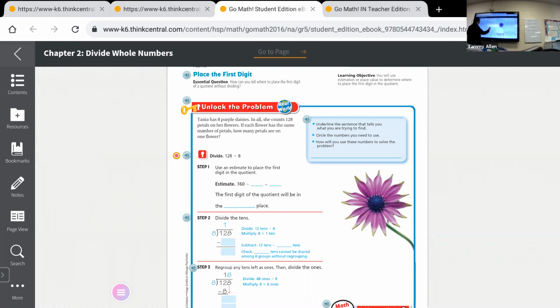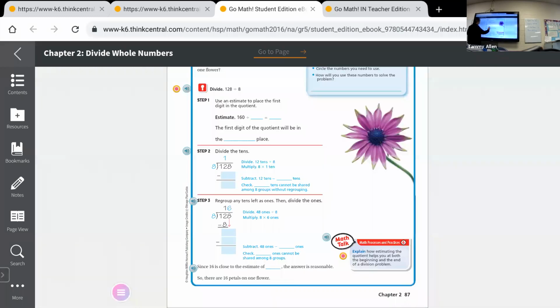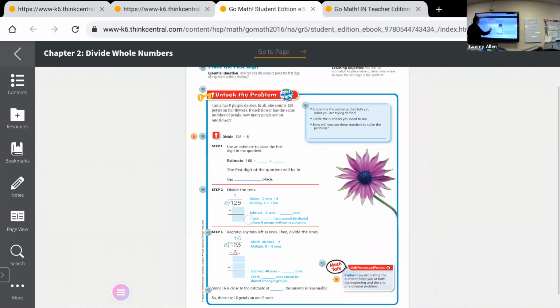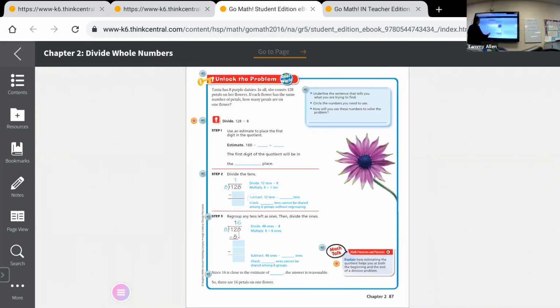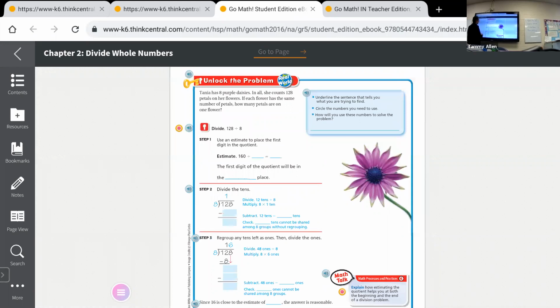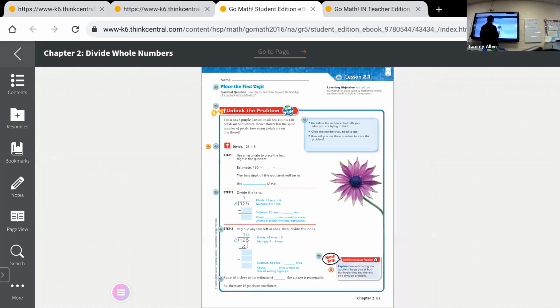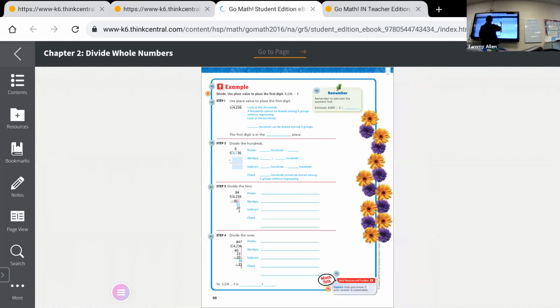So as we take a look at page 88, we're doing 4,236 divided by 5.